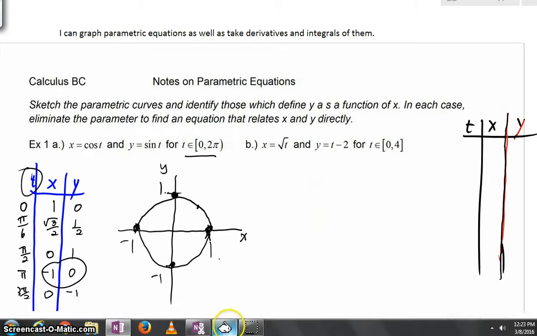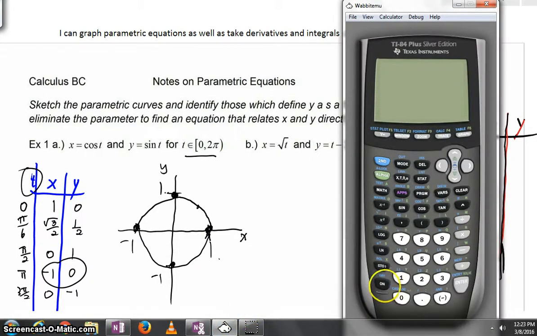And I want to show you that your calculator can graph parametrics. Look what we can do. We can press mode, but this time instead of going to function, go to parametrics, go to y equals, and you'll see an x1t and a y1t. Well, for x, you can see we're going to type in cosine, but of course now we're going to type in a t.